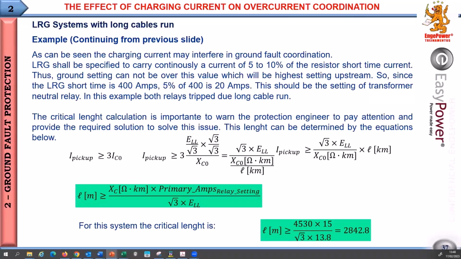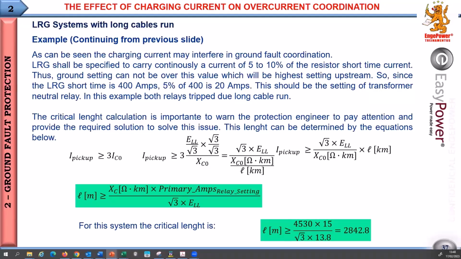When this happens, what can we do? Two solutions come up. Normally, the first one is to provide a delay for these circuits with long distance. But we increase the delay and the total clearing time.